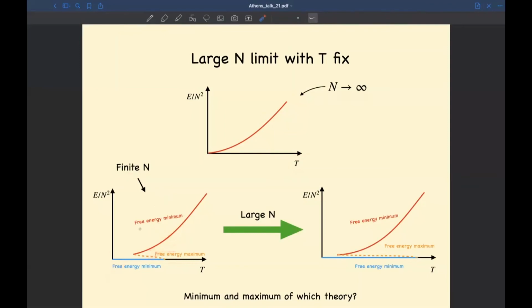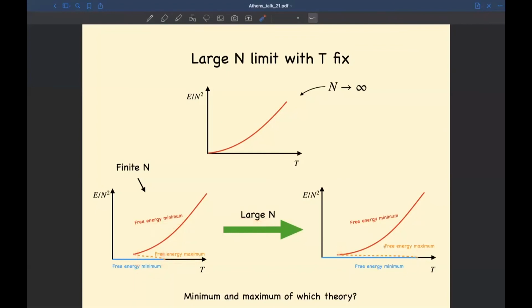The deconfined phase and the confined phase can be understood as minima, while the separating phase can be understood as a maximum of the free energy. And we will see that when we take large N, the difference between the two can become arbitrarily large.